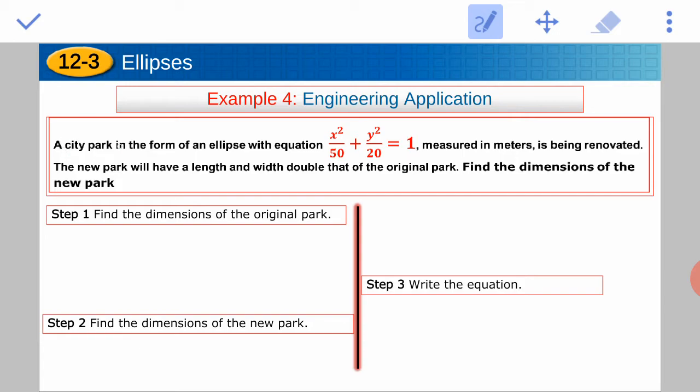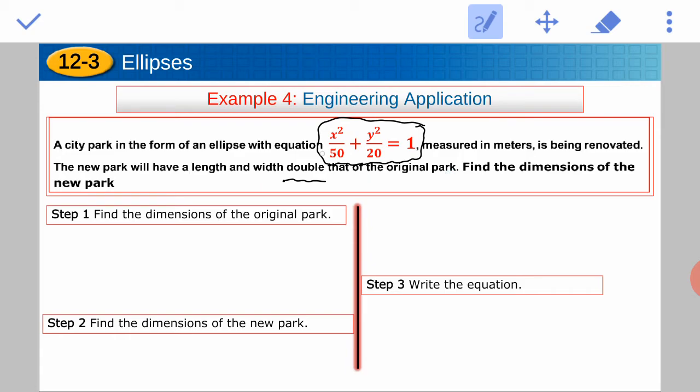It says a city park in the form of an ellipse with the equation x² over 50 plus y² over 20 equals 1, measured in meters, is being renovated. The new park will have a length and width double, this is a keyword, double, that of the original park. What length and what width?